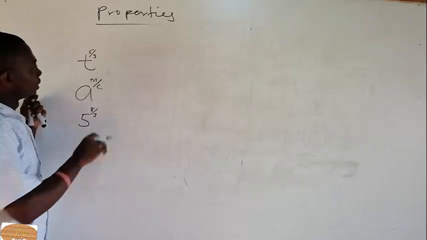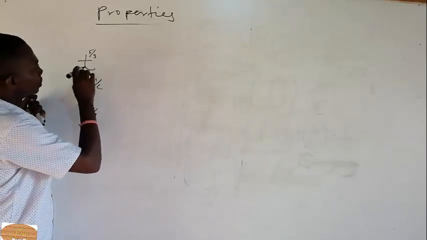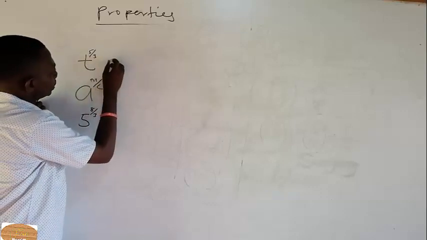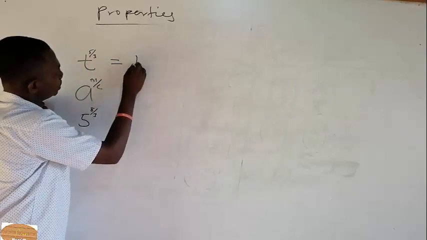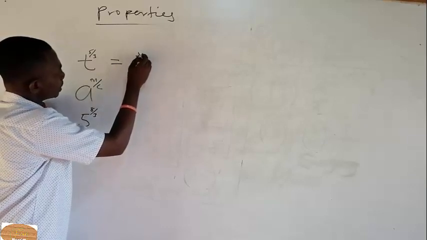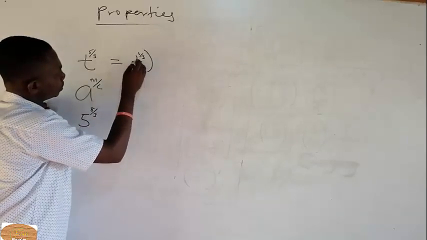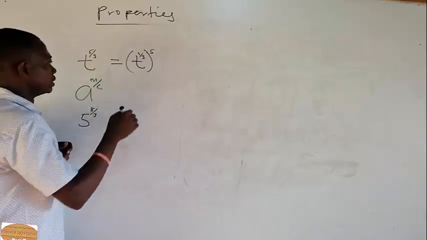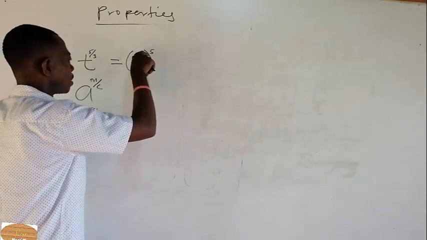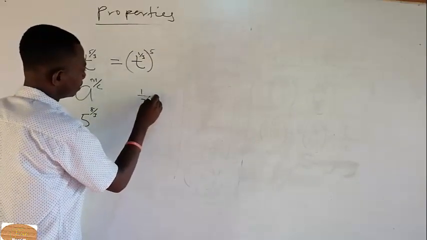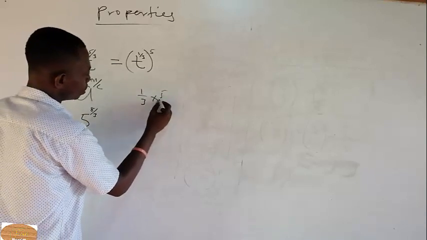Let me take my time here. This one, the power is 5 over 3. So this is the same as t to the power 1 over 3, all to the power 5. Going back, 1 over 3 times 5: let's make the 5 into 5 over 1.